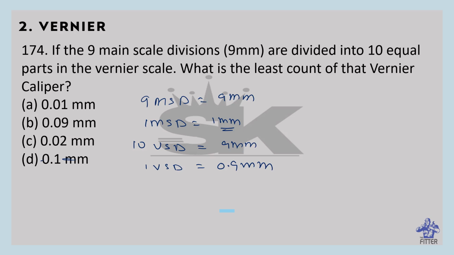So we know that least count equals 1 main scale division minus 1 vernier scale division, so 1 mm minus 0.9 mm. So the least count would be 0.1 mm. That is option D.